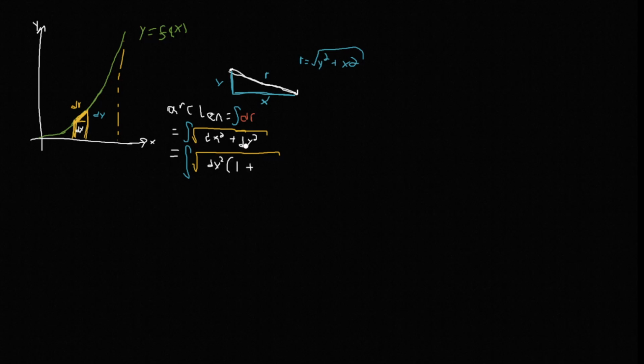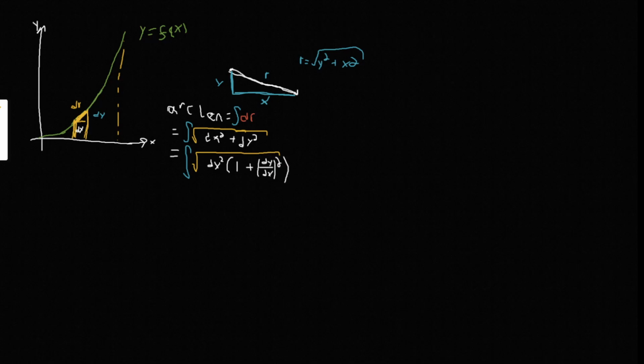And here is just dy divided by dx, which is y prime. To keep the notation consistent, I will write dy over dx, and then the dy over dx is squared.